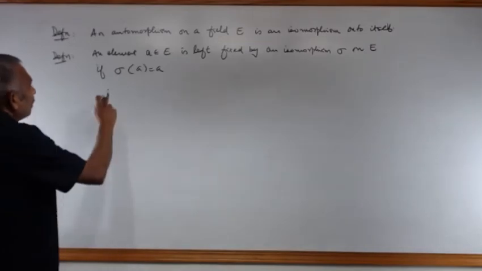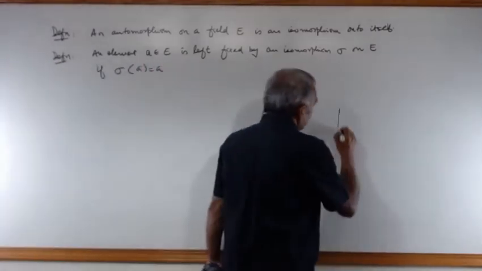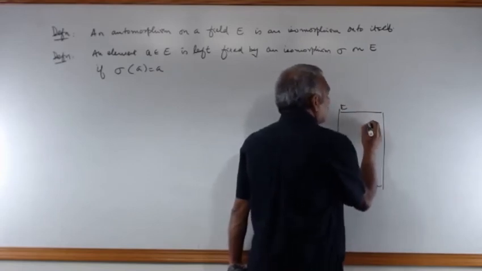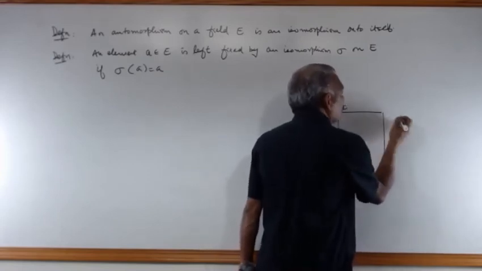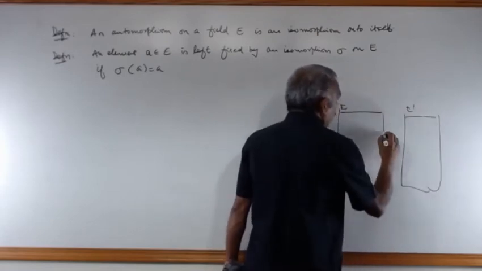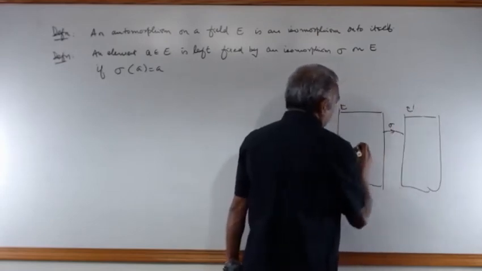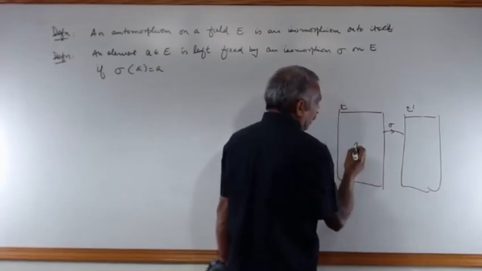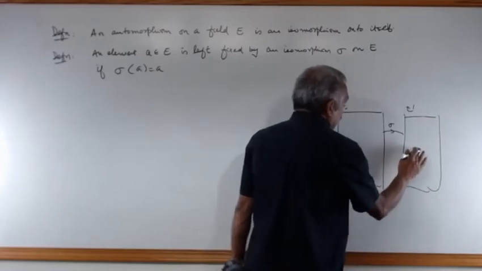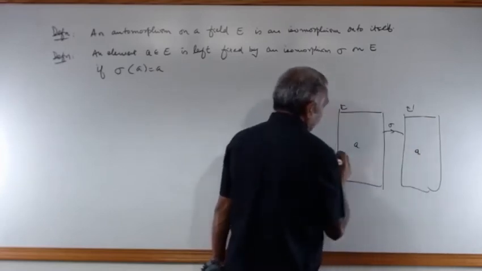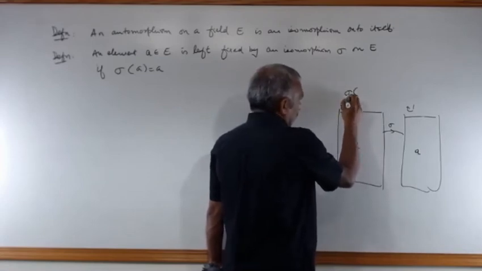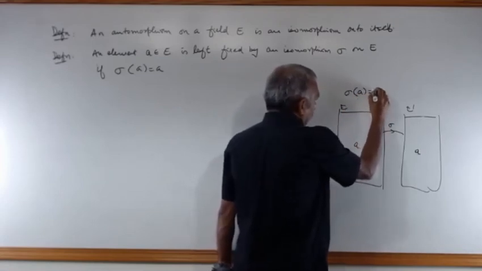Meaning, this is E, sigma is any isomorphism from here to any field. And there is an element here, and if you can see the same element here with this map, sigma of a is equal to a.